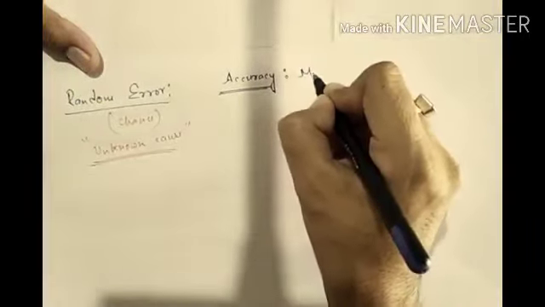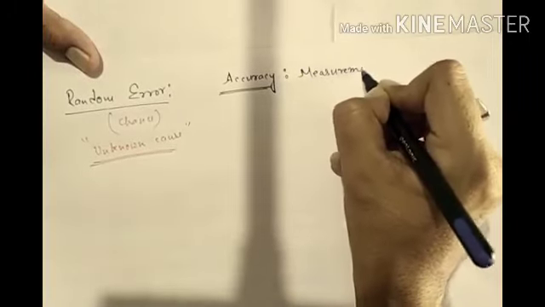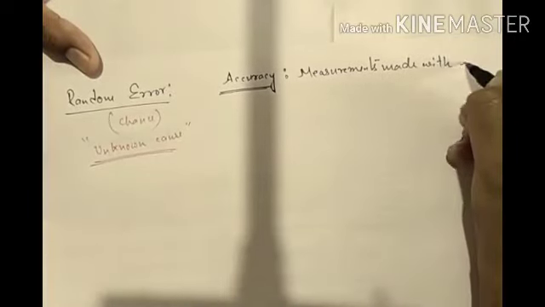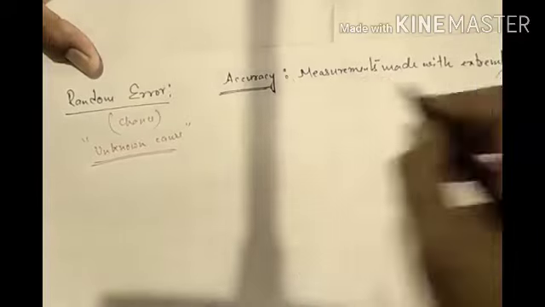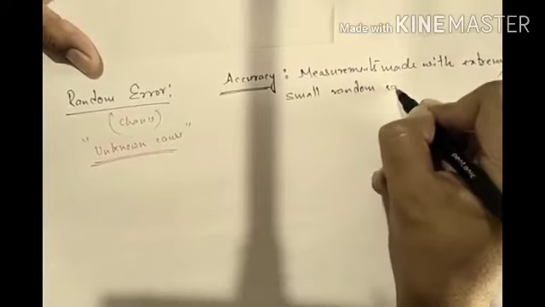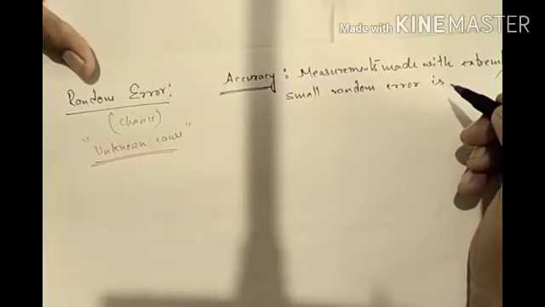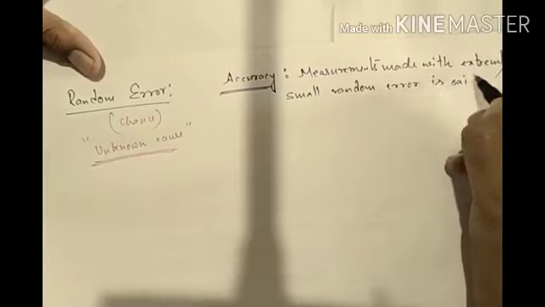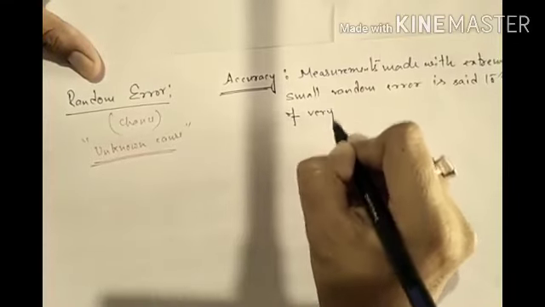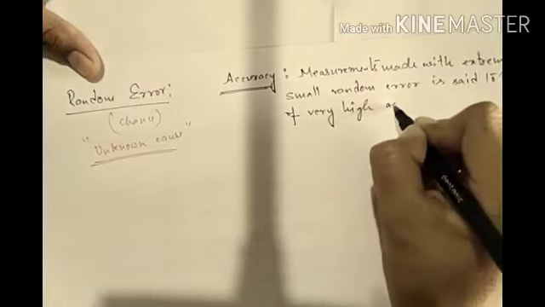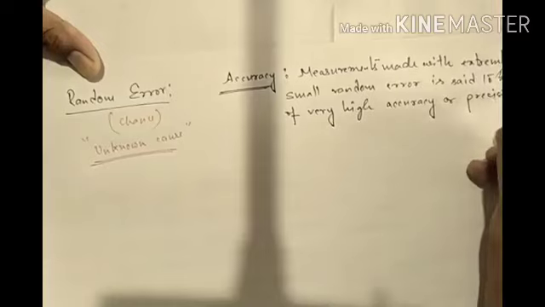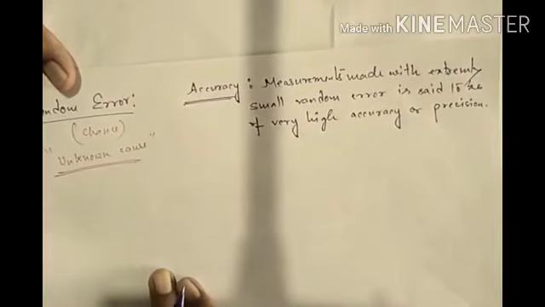Measurements made with extremely small random error is said to be of very high accuracy or precision.